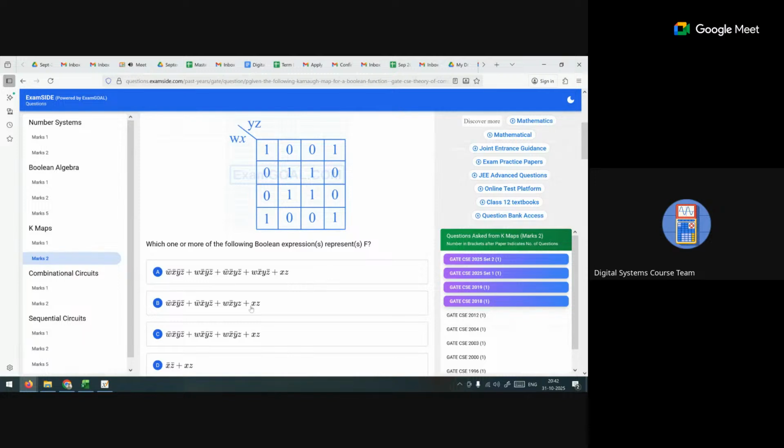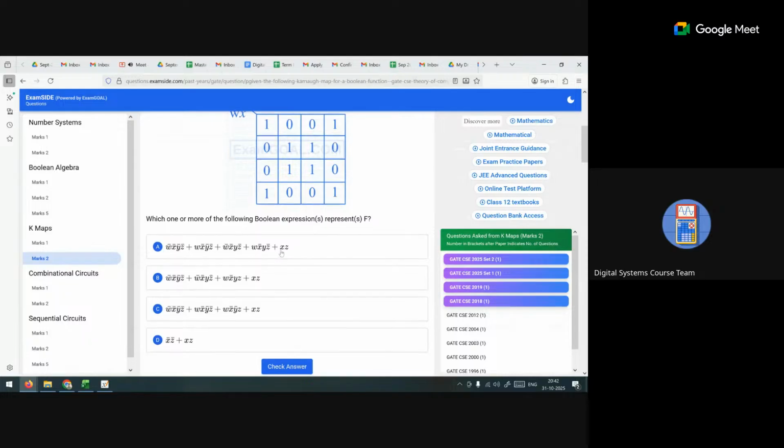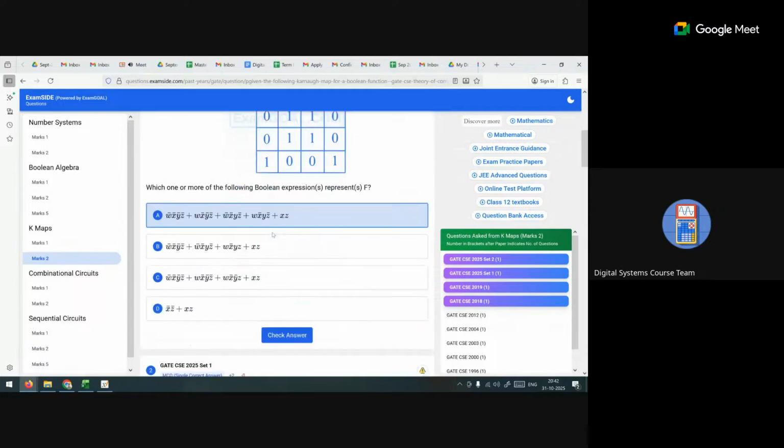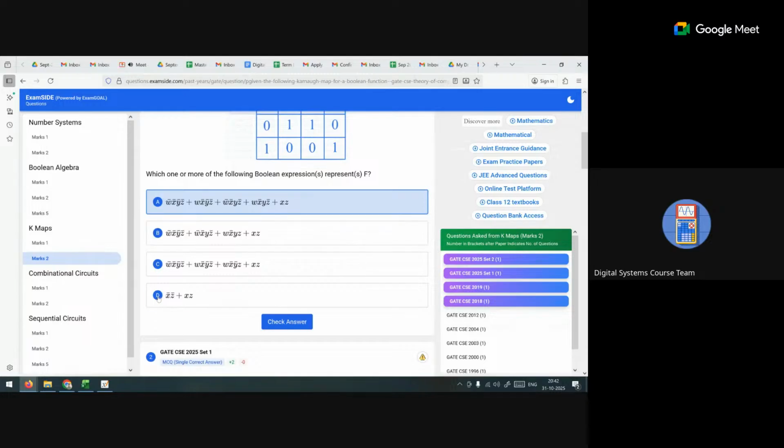So XZ plus X bar Z bar. So this is one option that is also correct. Why? Because they are not asking for the simplified form. So if they are asking for the simplified form, option D is correct.